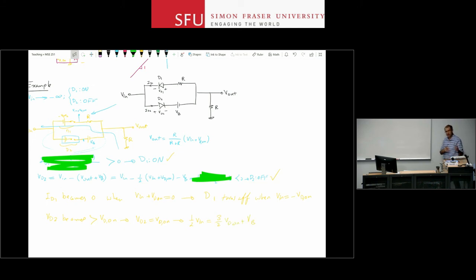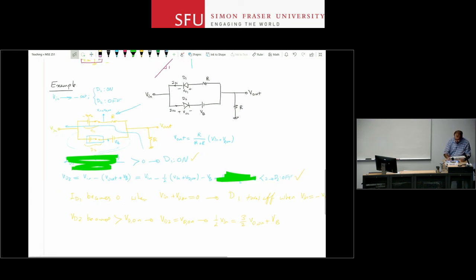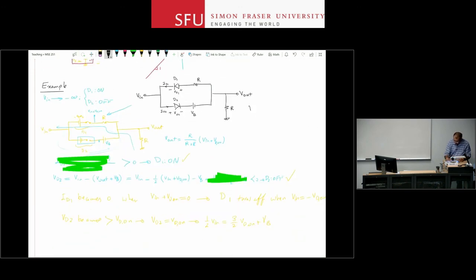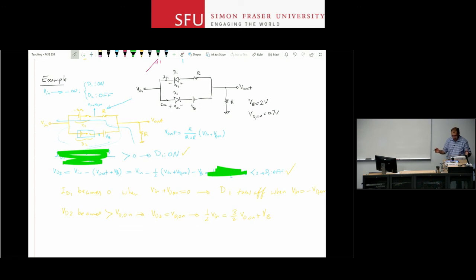And remember, V in is a negative value, so with a, let's say, VB value of, I'm going to just use some value here, so let's say VB is 2 volts and VD on is 0.7 volts. With those values, I can see that VD2 doesn't become equal to VD on before I have about, so that's 2 and 1 times 2. So before V in is about 6 volts, right?